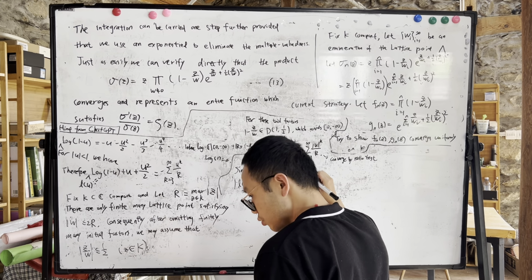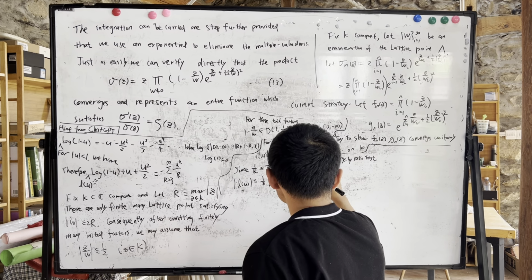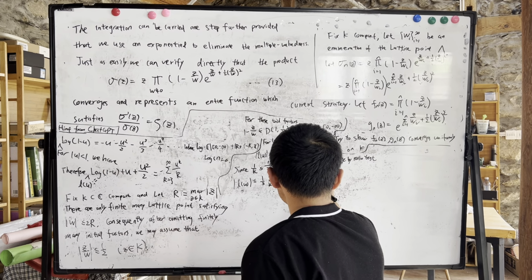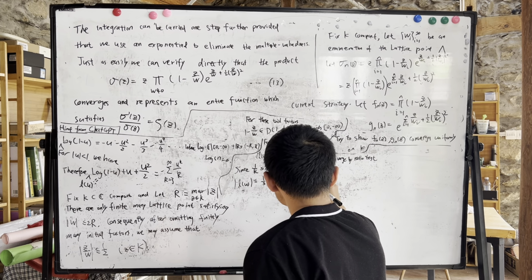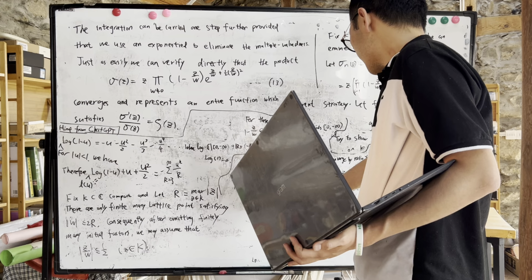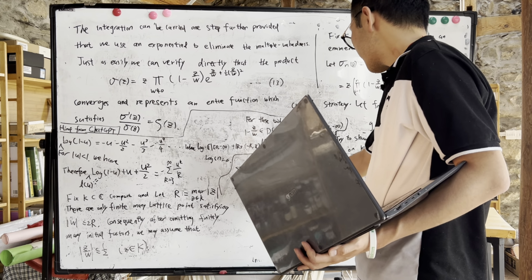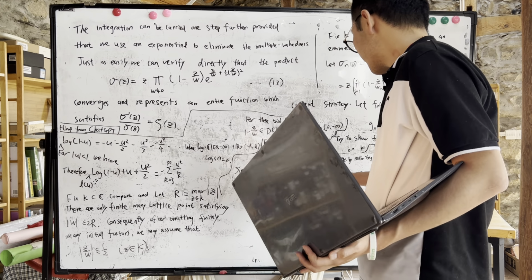Which is equal to modulus u cubed over 3 times (1 minus modulus u), which is less than or equal to 2 over 3 modulus u cubed. Okay, so we just find an upper bound for this guy.